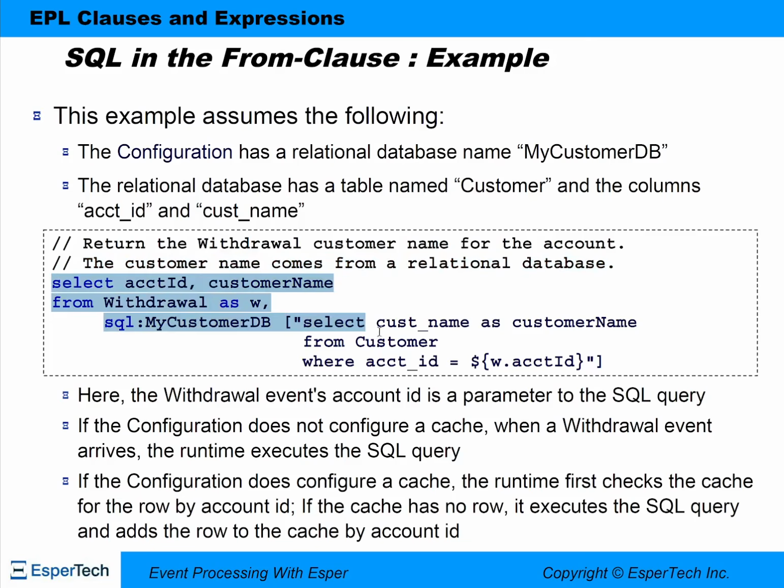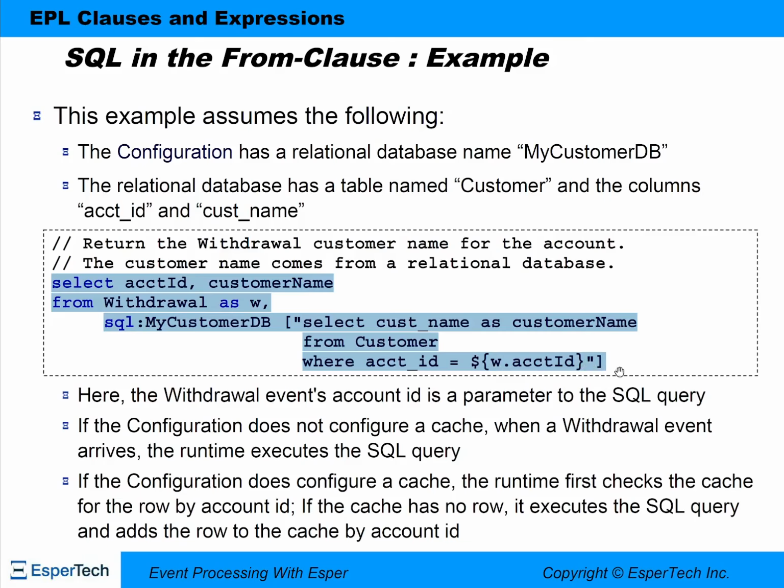Select account ID, customer name from withdrawal as W, sql:myCustomerDB, square brackets, double quotes, select cust_name as customer name from customer where ACCT_ID equals $, curly braces, W.account ID.